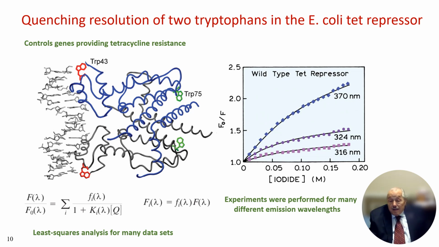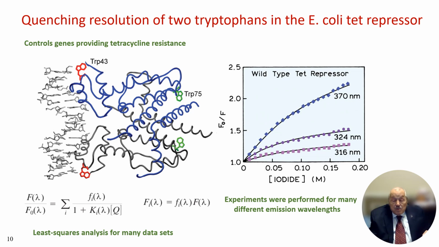Here you really have to perform many experiments at many different emission wavelengths, and you have to rely on a least squares procedure. So what you obtain is a set of quenching curves which contain the fractional intensities at each wavelength.